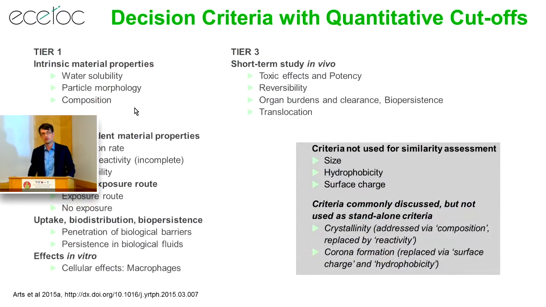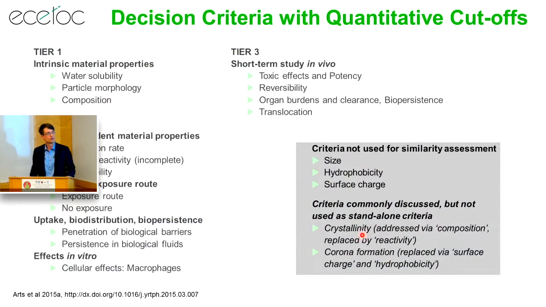We use all of these in tier 2. There are some things we do not use for a good reason, because they don't help us to refine the grouping with those test materials that we look at. That might change in future, but up to now, we don't need size, hydrophobicity, surface charge to look at the groupings in detail. We still come to correct groupings without these properties.